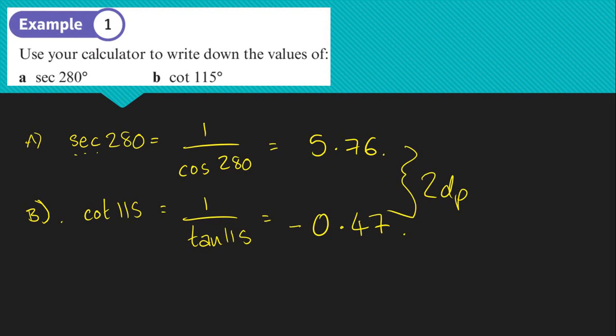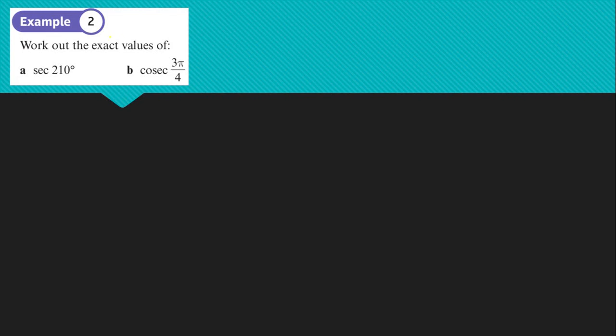Okay, nice and easy. Next up, you've got to work out the exact values. Now, work out the exact values implies that you're going to have things like surds and whatever else, but it also implies that you're going to have to use those magic trig triangles, okay? Your magic trig triangles being these ones, 1, 2, and root 3, with a 60 there, and with a 30 there.